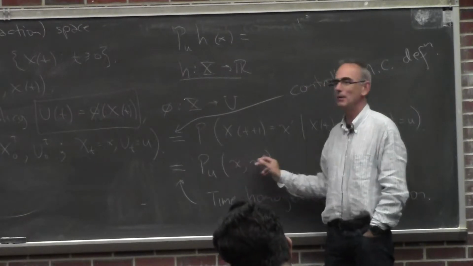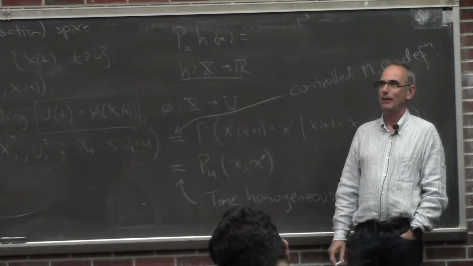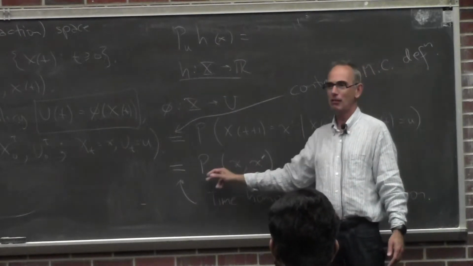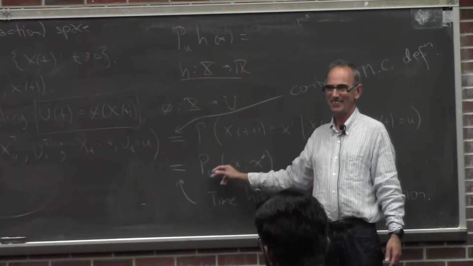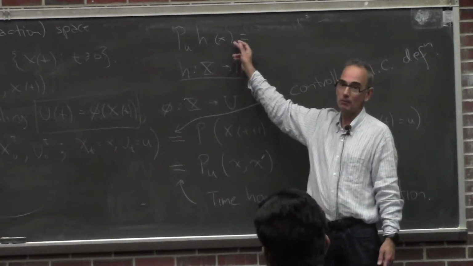For fixed u, that's a matrix. Or you can think about this as a very tall matrix, because the rows are x's and u's in a way. But forget that. For each u, it's a square matrix. So exactly the same notation.